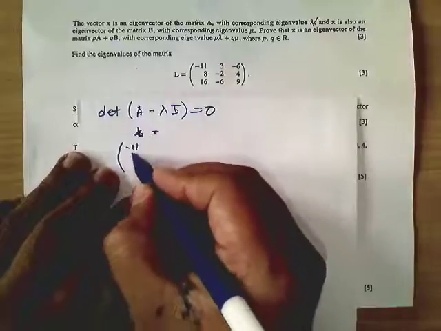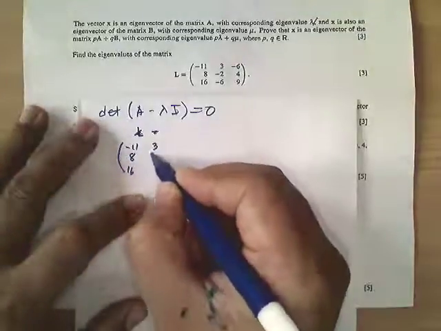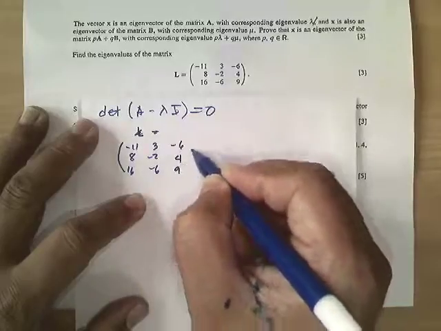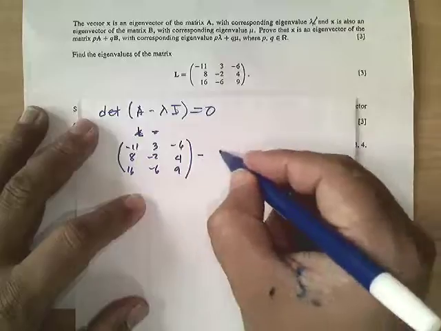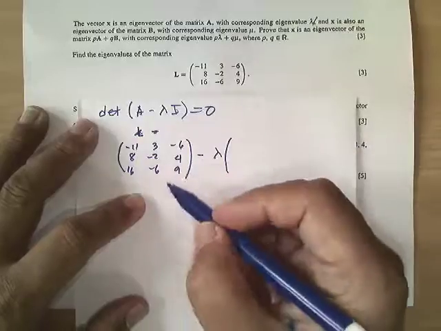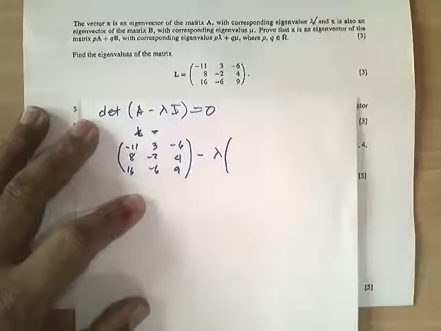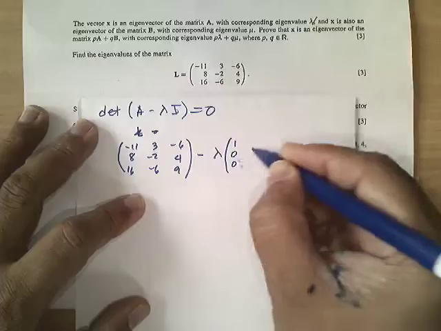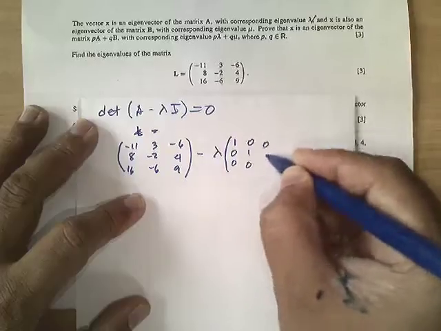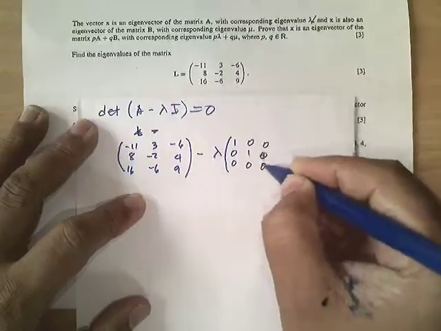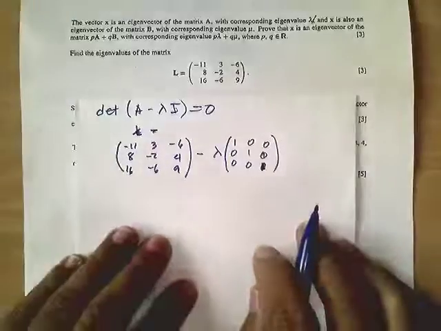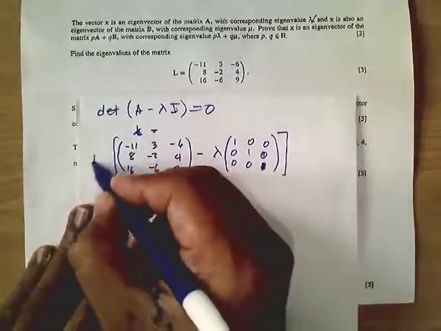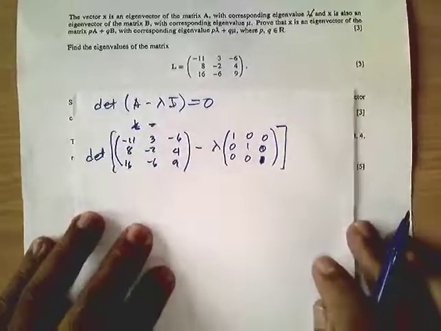Negative 11, 8, 16, 3, negative 2, negative 6, negative 6, 4, 9, minus lambda times your I. Since this is a 3 by 3 matrix, our I should follow that size: 1, 0, 0, 0, 1, 0, 0, 0, 1. Like that. And then we need to find the determinant of that.